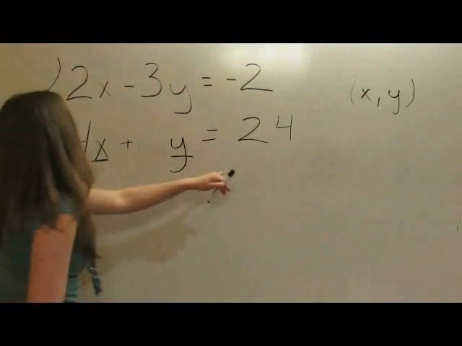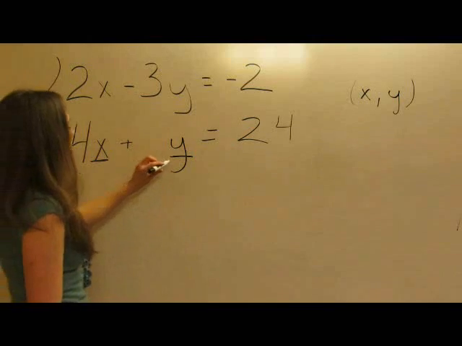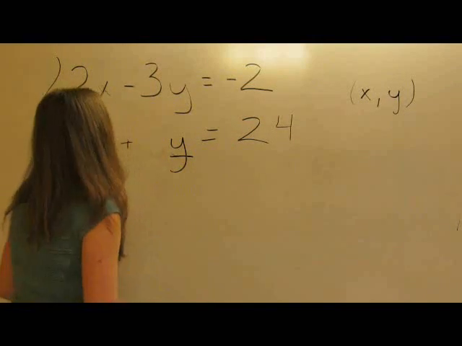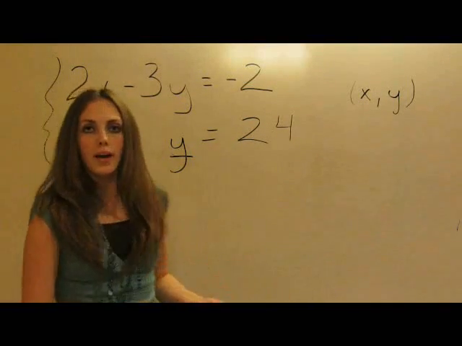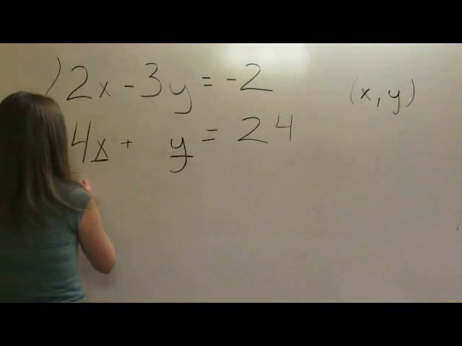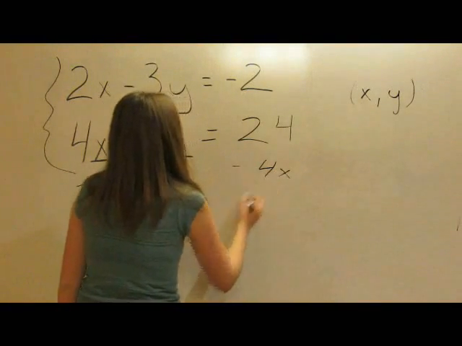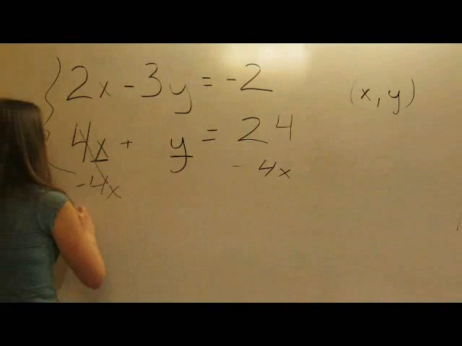Let's use this one here, 4x plus y equals 24. We are going to solve for the y variable. To do that, we need to isolate y on one side of the equation. So what we can do is subtract 4x from either side of the equation to get rid of this x here.